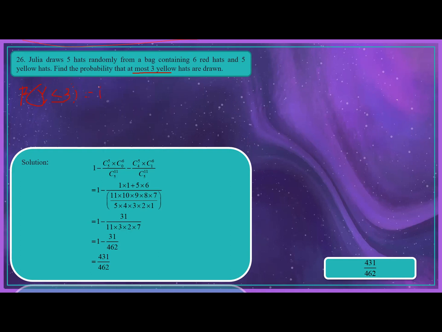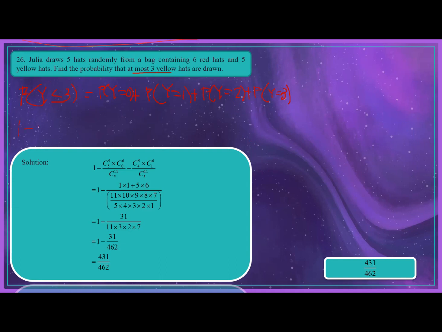So it means P of yellow equals 0, plus when yellow equals 1, plus when yellow equals 2, plus when yellow equals 3. This takes a lot of time. The fastest way to solve this without doing that is to use the complement.